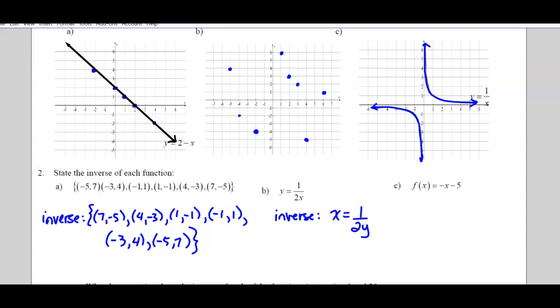With the equations, solve for y. We practiced that yesterday.